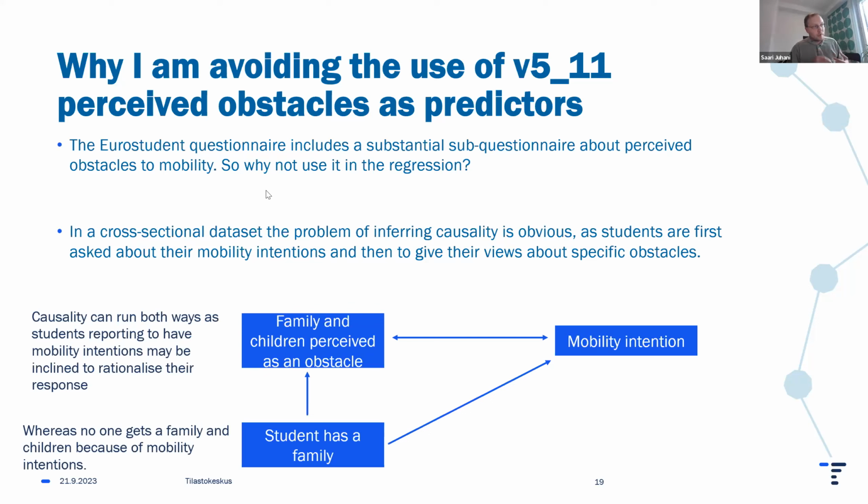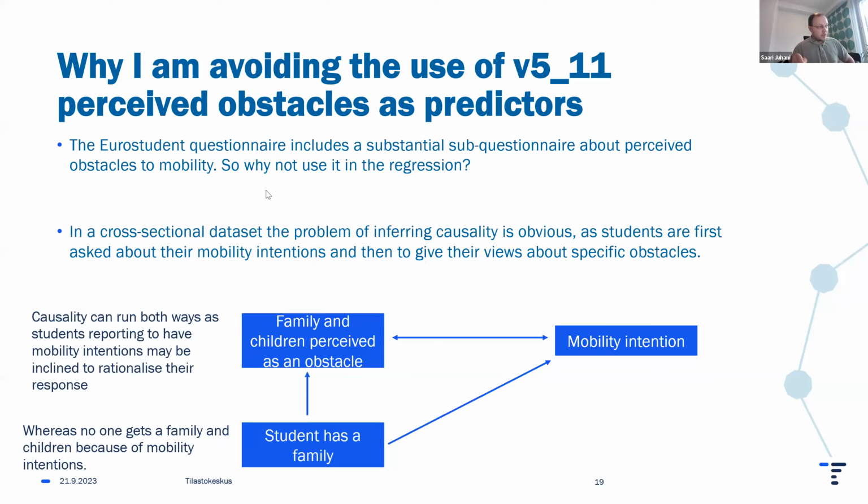But the causal relationship between the measures in a cross-sectional study might be as follows: the perception of family and children as an obstacle might be affected causally both ways, but particularly the latter one is more problematic, that the intention might be causing the students to answer the survey in a particular manner. Okay, this is a complicated topic, but this is just in case some of you might be wondering why I'm not just using the mobility motivation or obstacles questions as predictors.